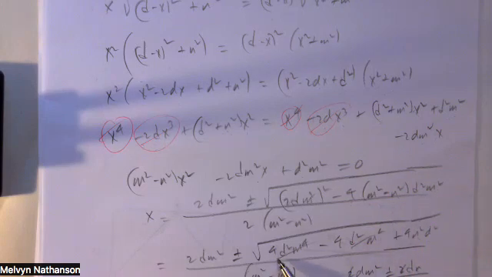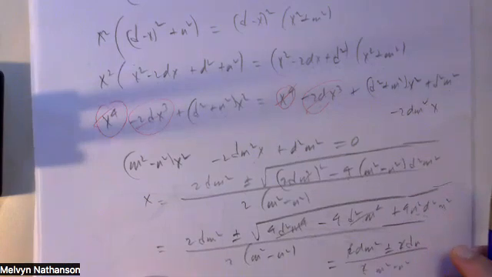So that's 4 d squared m to the fourth minus 4 d squared m to the fourth plus 4 n squared d squared m squared. See, that term had disappeared.